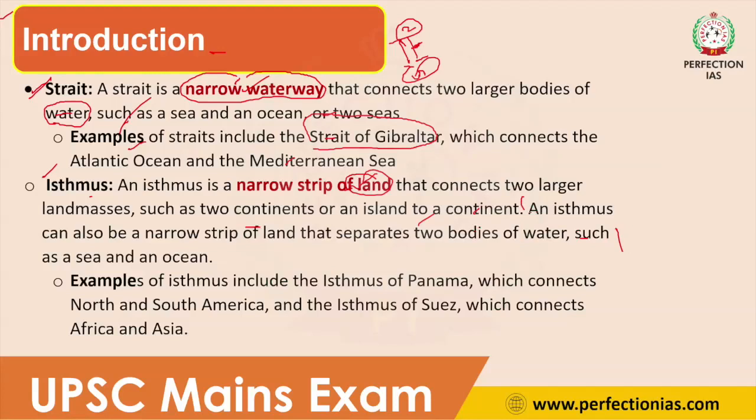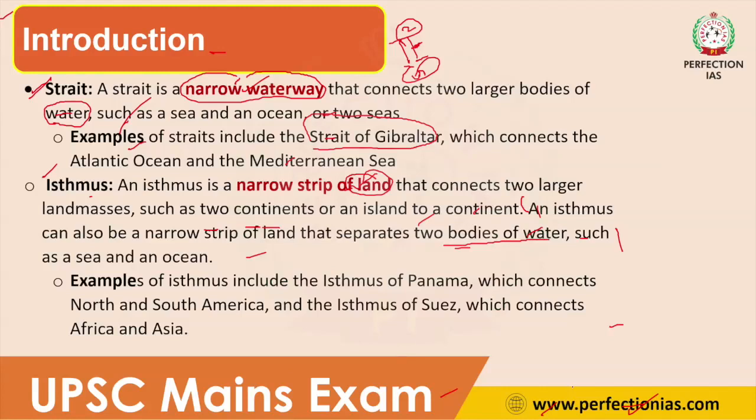Or it can also be a strip of land that separates two water bodies. This is known as an isthmus. An example for isthmus is the Isthmus of Panama, which connects North America and South America. So this will be the introduction of your question.